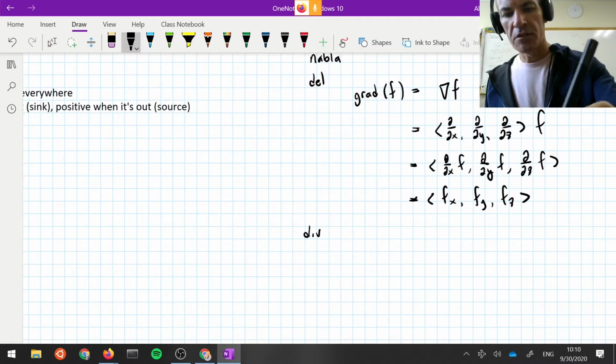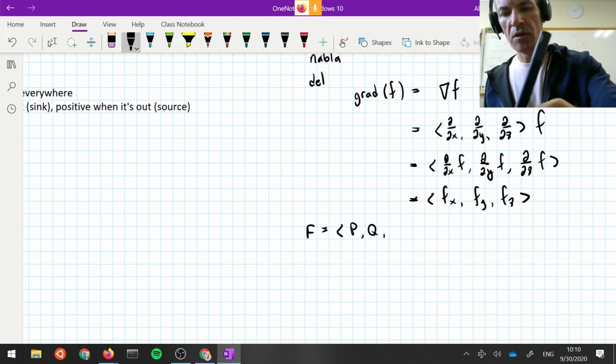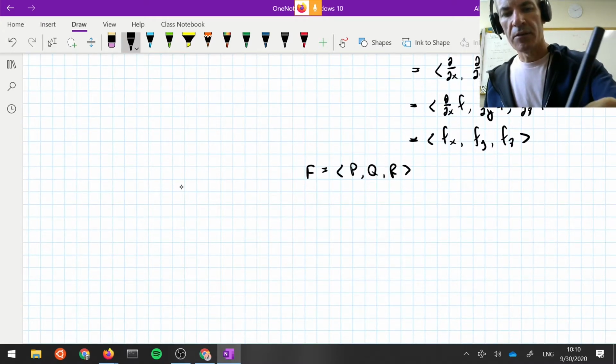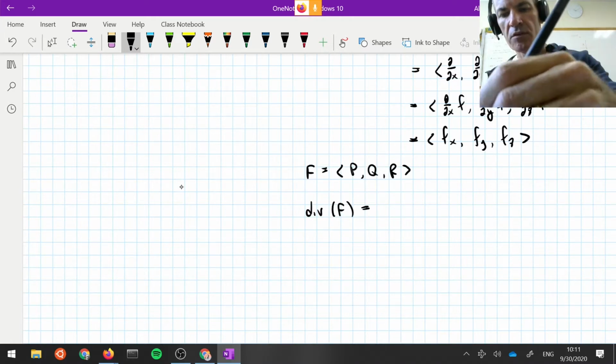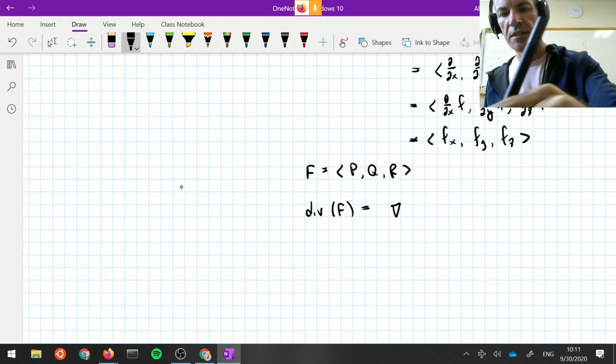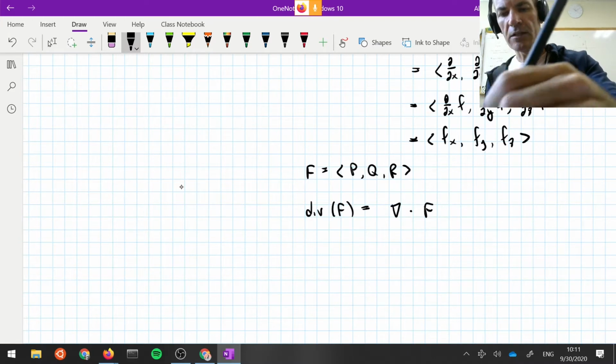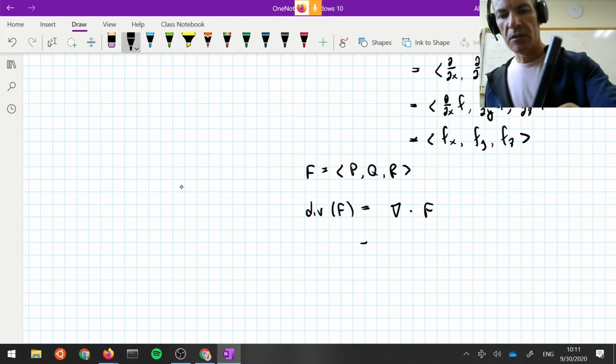The divergence now acts on a vector field. Let me write the vector field first. So a vector field in 3 dimensions has 3 components, P, Q, and R. And the divergence of this vector field is the dot product of del with the vector field. Let's see what that looks like.